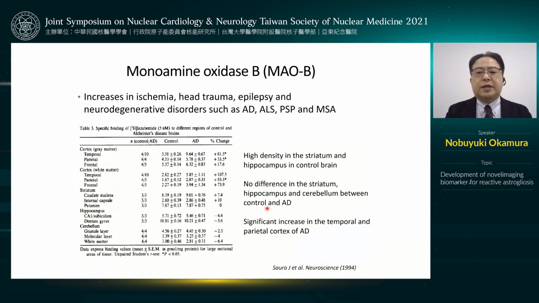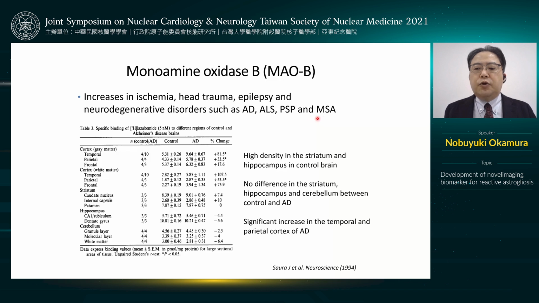But monoamine oxidase B density also increases in disease conditions such as ischemia, head trauma, epilepsy, and neurodegenerative disorders such as Alzheimer's disease, amyotrophic lateral sclerosis, progressive supranuclear palsy, and multiple system atrophy.